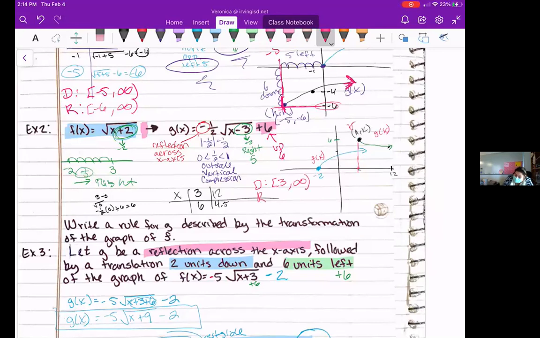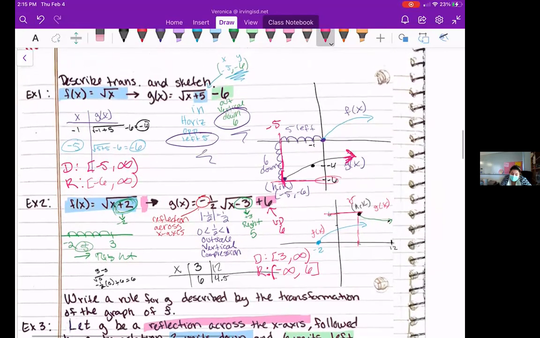And then my range, same thing, but here we can see that it's going down to negative infinity. So it's going from negative infinity all the way up until this 6 right here. Ta-da! There you go. There's your domain and range.